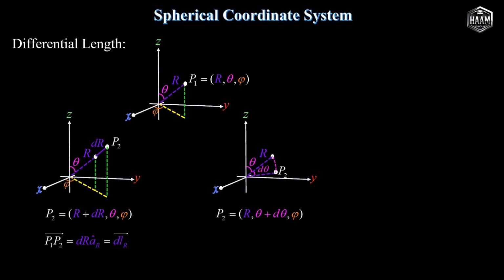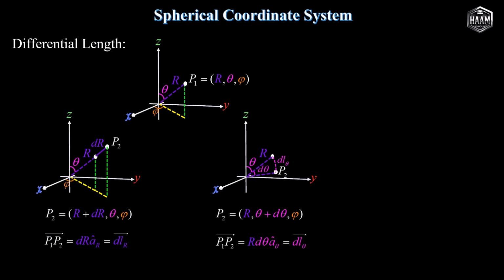The distance from P1 to P2 here is in fact an arc. Theta is an angle, so the arc length equals the radius times the angle traversed. Therefore, dl sub theta equals capital R times d theta times a hat sub theta.